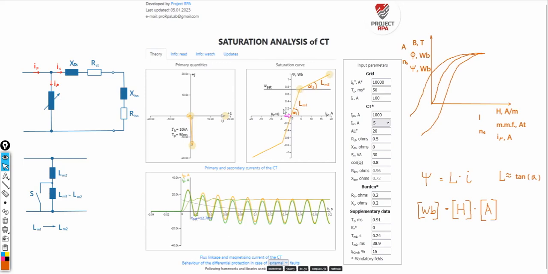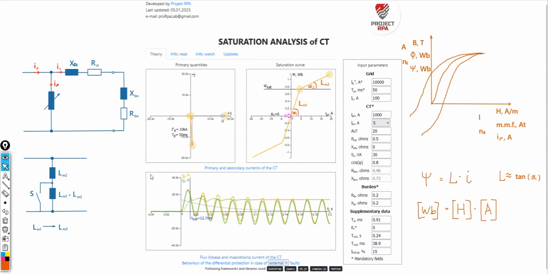If certain assumptions, like for instance neglecting the hysteresis, are made, this dependency can also be recorded as follows. The magnetizing branch consists of two inductances connected in series, one that can be expressed as Lm1 minus Lm2, and the other as Lm2. Here we have a switch that closes when the current of flux linkage exceeds this point.